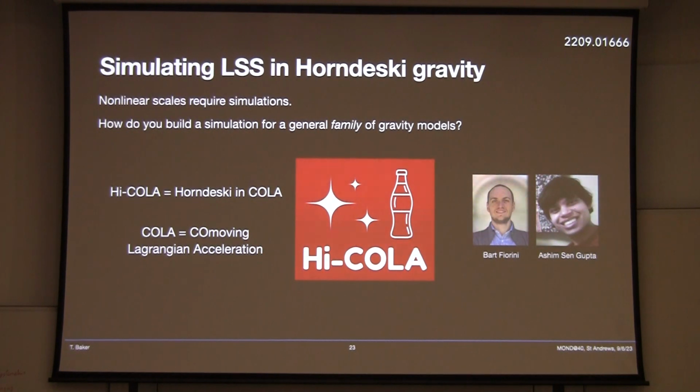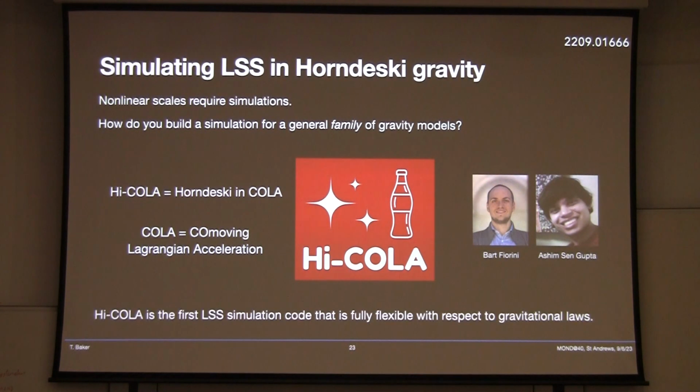It's just the name of a particular algorithm that's used in the code to make it quite fast. Okay, and HiCOLA is the first simulation code, at least as far as I'm aware, which is flexible with regards to its gravitational laws. So it is not hard-coded to a particular model of gravity. You, the user, come along, boot it up, and you put in the theory of gravity you want to simulate.